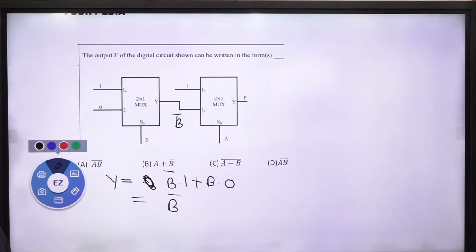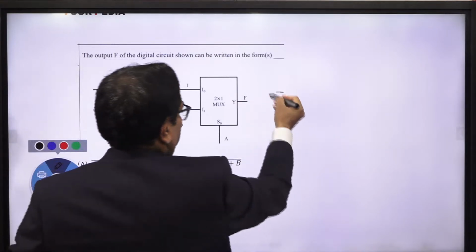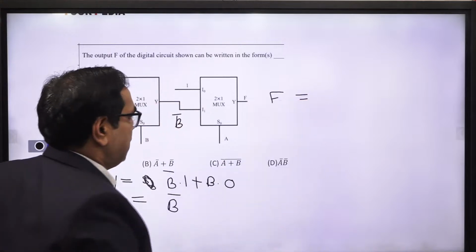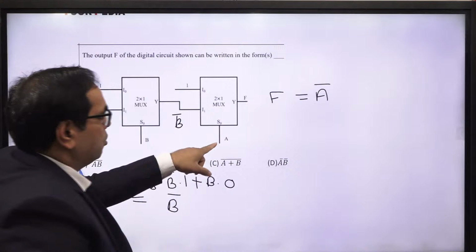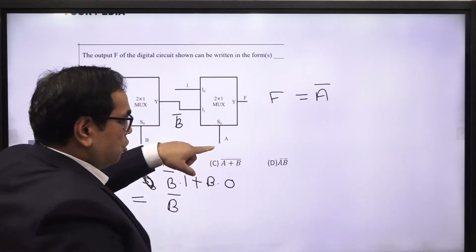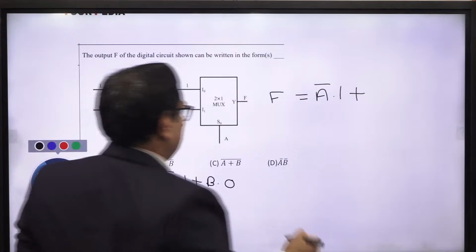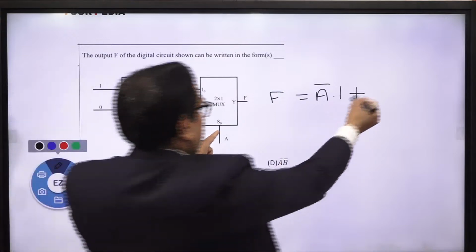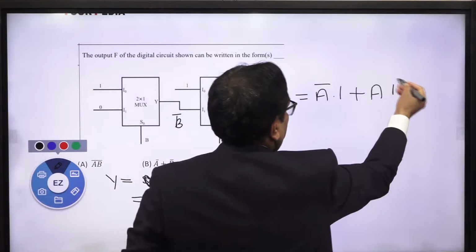Anyone who got the answer? AB whole bar. So now come to this F equal to. F equal to A bar, because of S naught bar, into I naught which is 1, or plus S naught, that is A, into this I1, that is B bar.